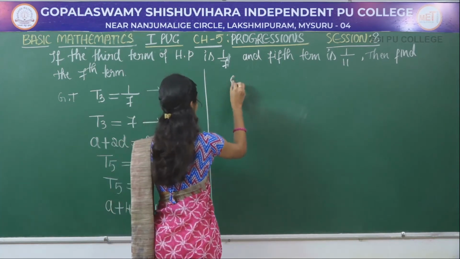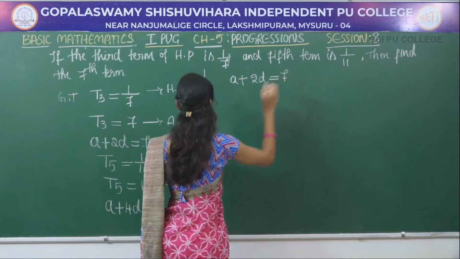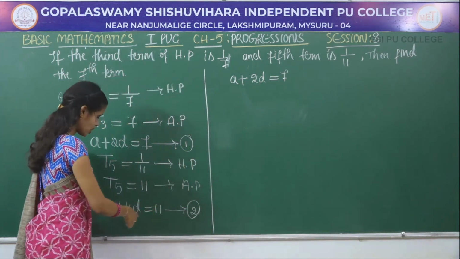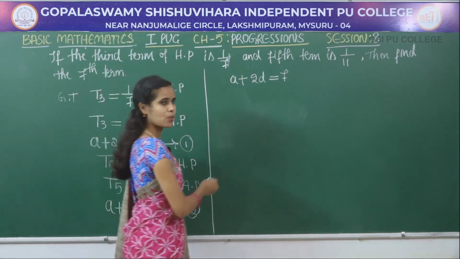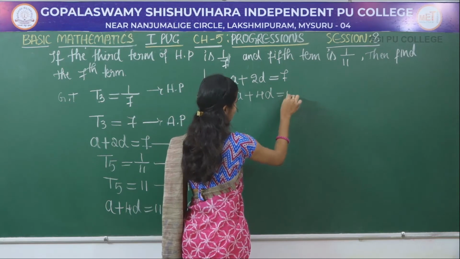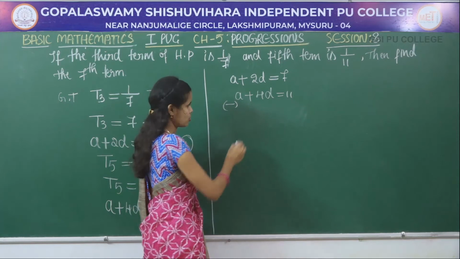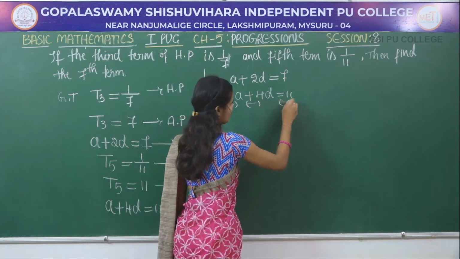Equation 1 is A plus 2D equals 7. Equation 2 is A plus 4D equals 11. So subtract these two equations: change the sign of the second equation.